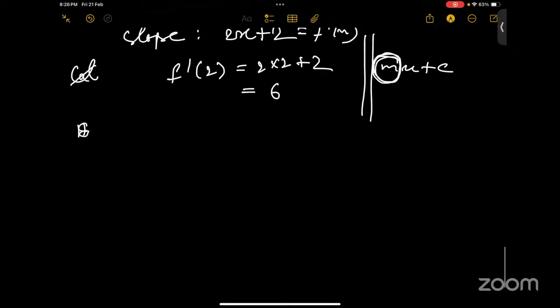Okay, let us do one example. Suppose we have two friends and we want to calculate the equation of a quadratic function.